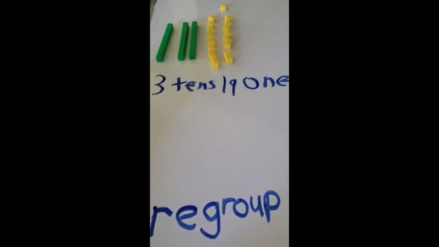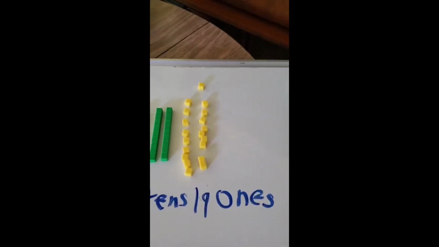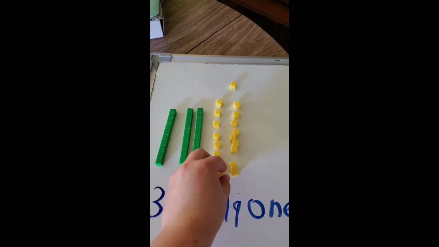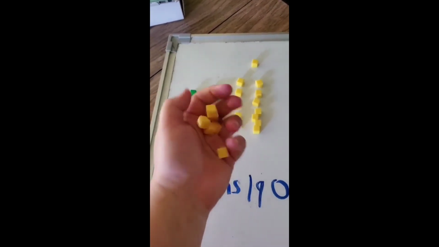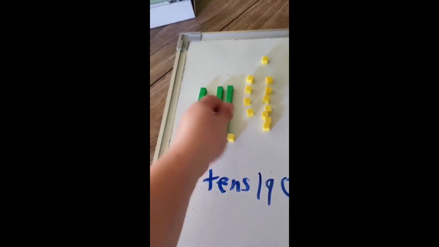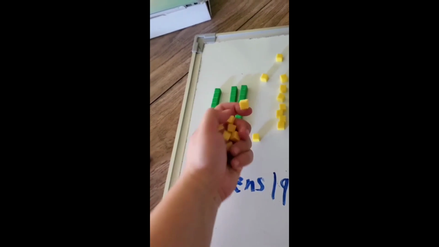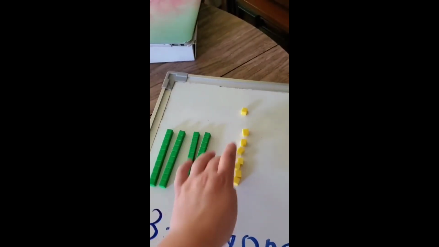We have to take 10 1s or 10 units out to make it into a rod. So let's do that right now. 2, 4, 6, 7, 8, 9, 10. Okay, I'm going to trade it and make it into a rod.